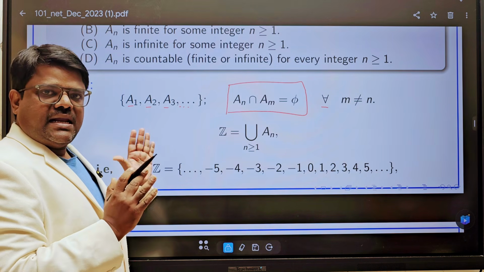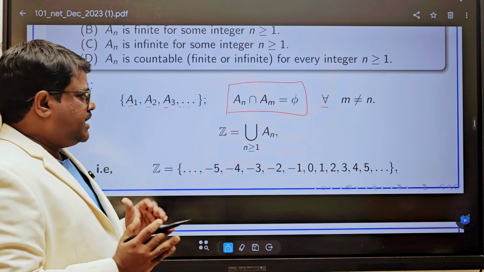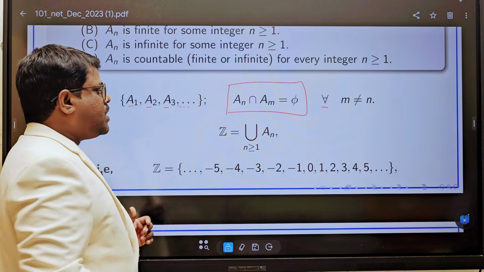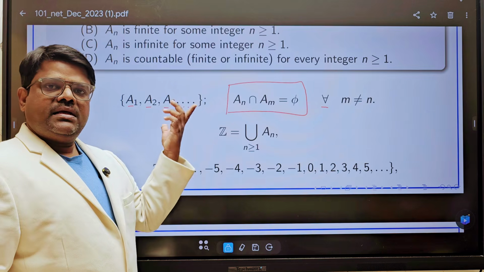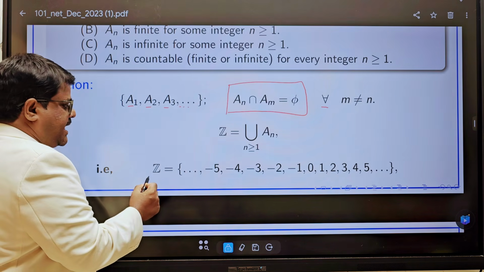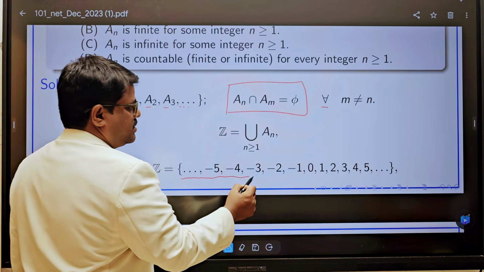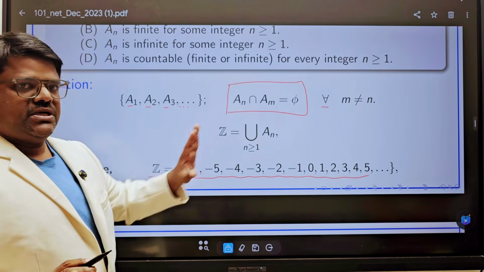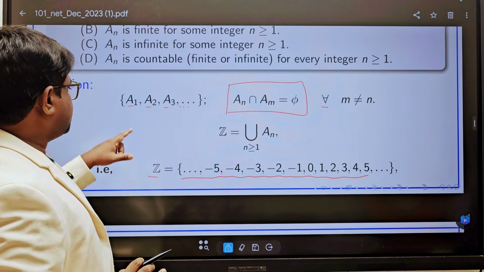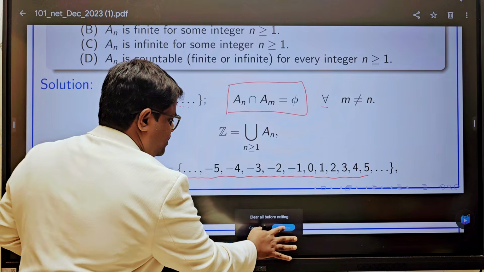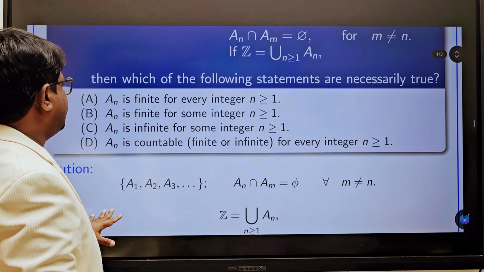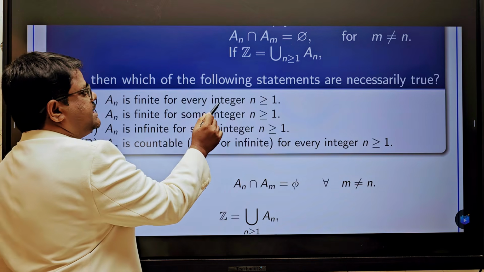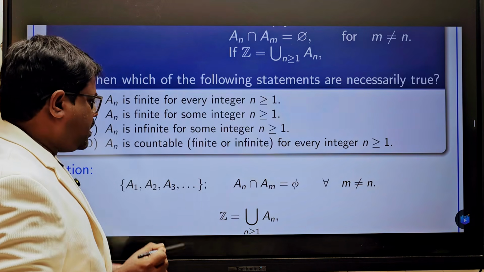If you take the union of all these subsets for n greater than or equal to 1, then it should form the integers Z. This is the condition. Now coming to the first option, it says that A_n is finite for every integer n greater than or equal to 1.